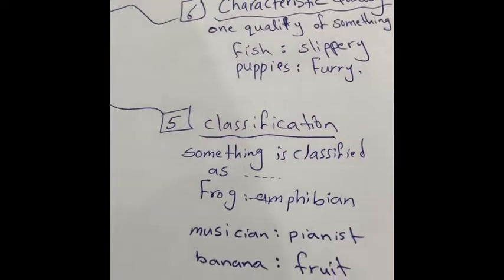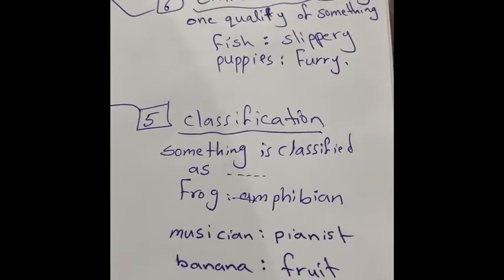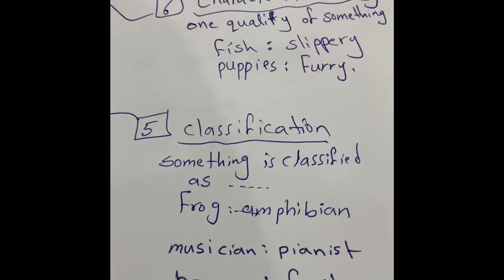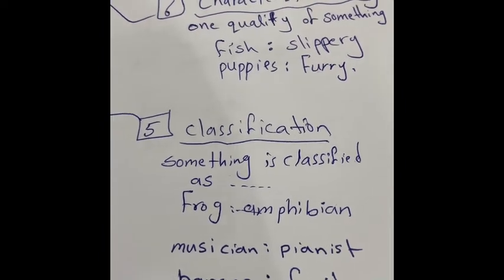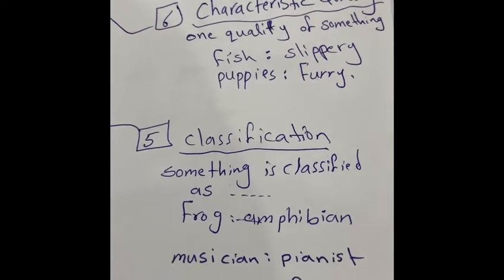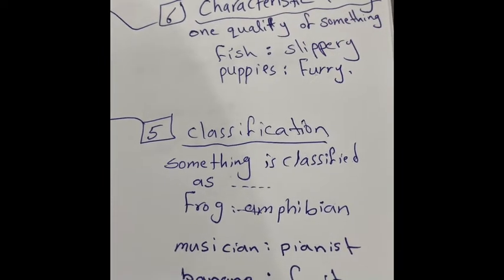Number five, classification. Something is classified as something else. For example, if we say frog, what's the classification of this animal? It is amphibian. And if we say musician, also pianist.